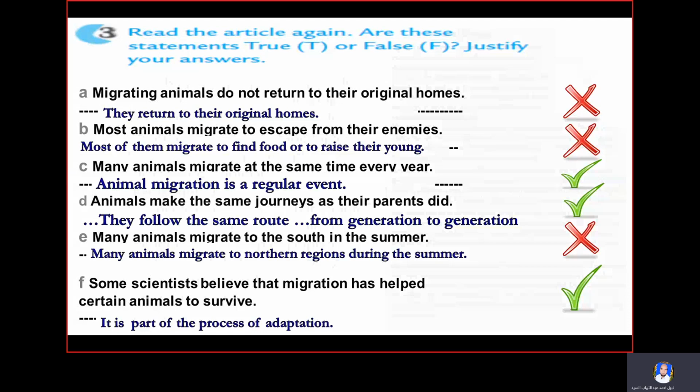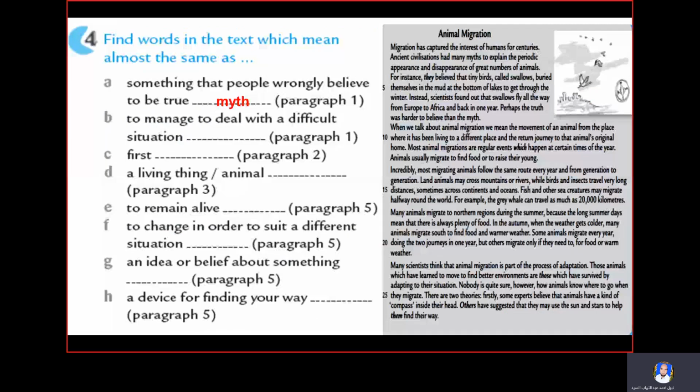So find the word which means something that people wrongly believe to be true. In paragraph 1, myth is something that people wrongly believe to be true. Paragraph 1, to manage to deal with a difficult situation. Get through.